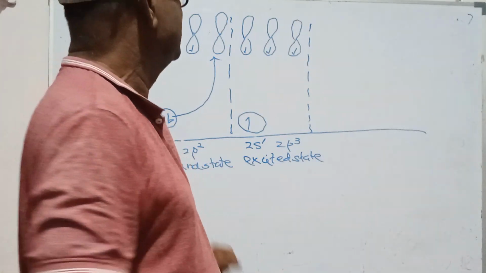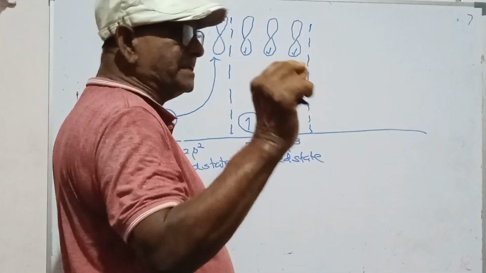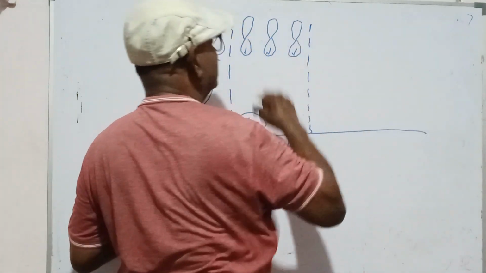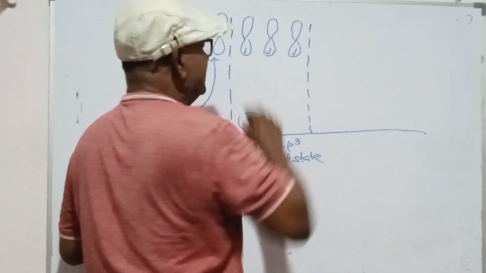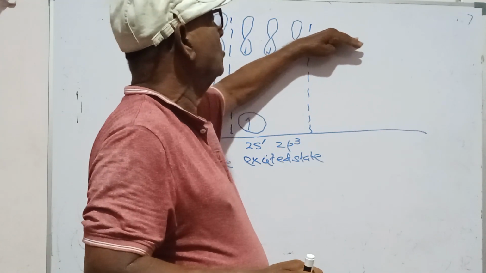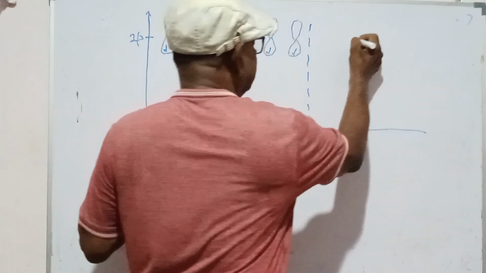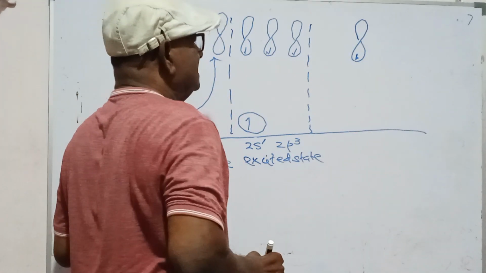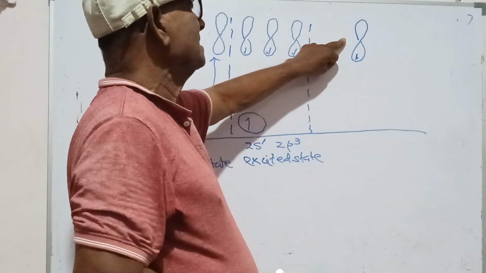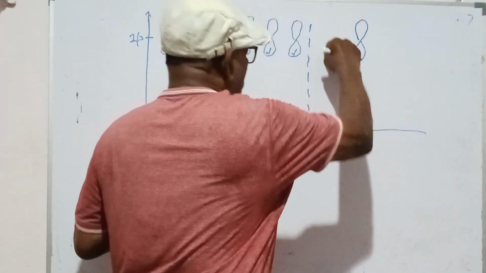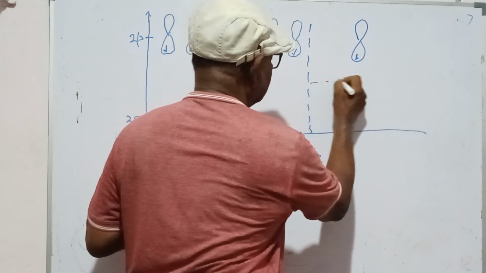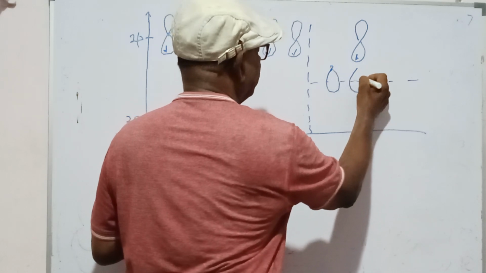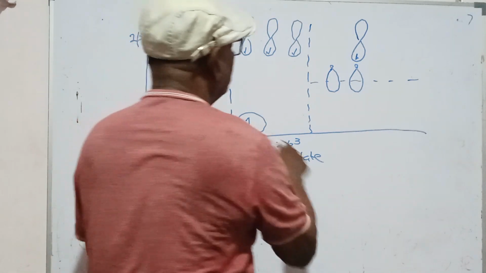But in this case, out of these three dumbbell-shaped p orbitals, only two come down. Only two. Then one remains at the original energy level, with its dumbbell shape. The other two come down to the common energy level, forming two identical orbitals with the s orbital.